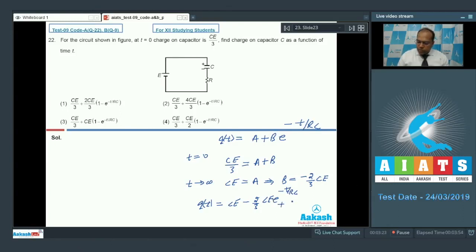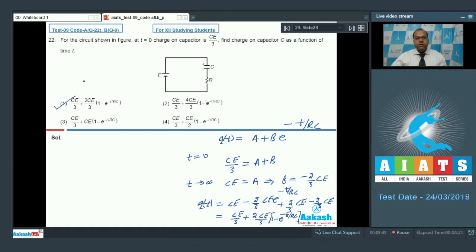Now add 2 by 3 CE and subtract 2 by 3 CE. So on further solving, it can be rearranged in this way, that is CE by 3 plus 2 times CE by 3 into 1 minus e raised to the power minus t by RC. So we can say that option 1 is the correct answer.